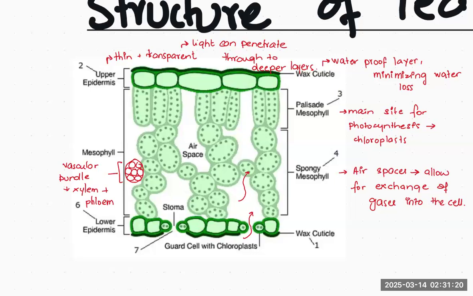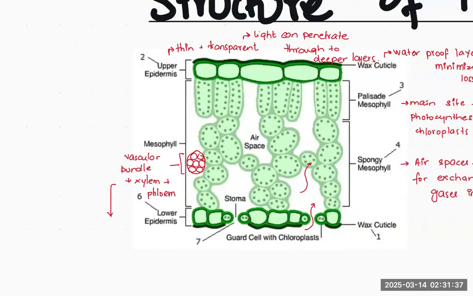Then we have our vascular bundle. Vascular bundle is composed of, like I said, xylem and phloem. The xylem is responsible for transport of water and mineral ions.